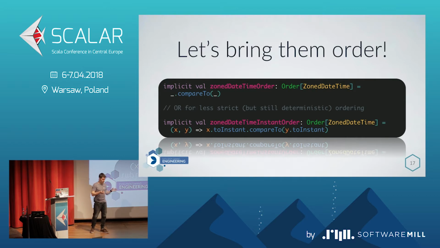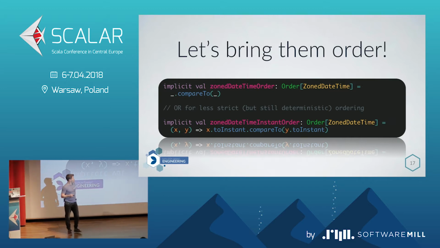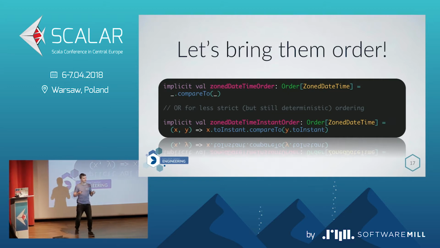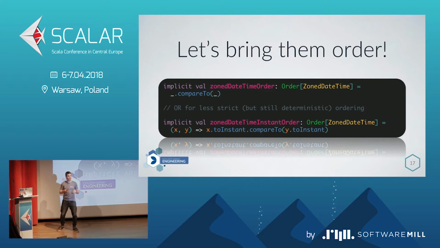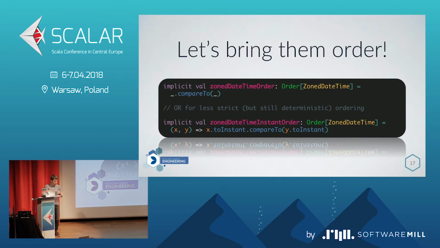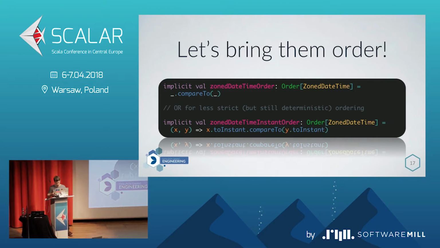So even if you have the same instant, if they are located in different time zones, these are different. And the second one, which is also legit, but a little bit more relaxed, is the one that compares only the instant. So we can have equal time values with different time zones. Depending on your application and your requirements, both can make sense, so you have to just be aware of that.